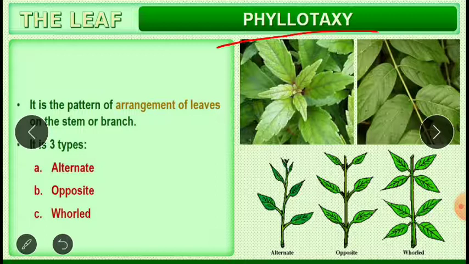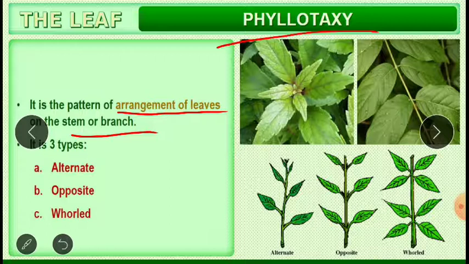It is the pattern of arrangement of the leaves on the stem or branch. How the leaves are attached on the stem. The arrangement of the leaf on the stem or the branch is called phyllotaxy.